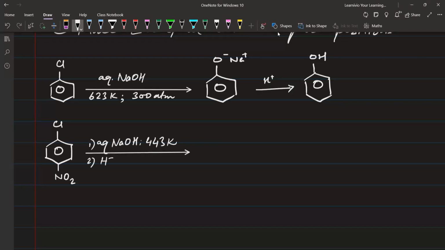Second, I'm adding H positive. So if we add NO2, then we just need a small amount of temperature, and we don't need any pressure. Here we will directly get OH, and NO2 will be there in the para position.